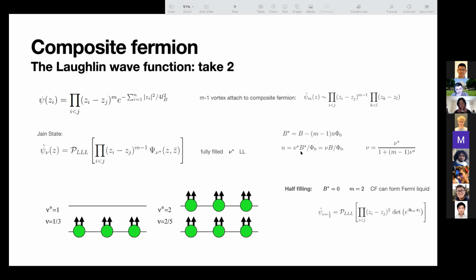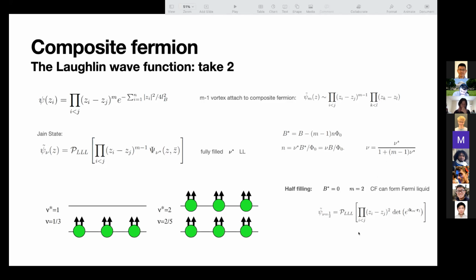That allows us to determine a new filling fraction, nu star, related to the original one. The relationship between nu star and nu looks like this. We can pick any nu star as long as it's an integer, and m is also an integer. So this gives a whole sequence of wave functions, which is called the Jain sequence.